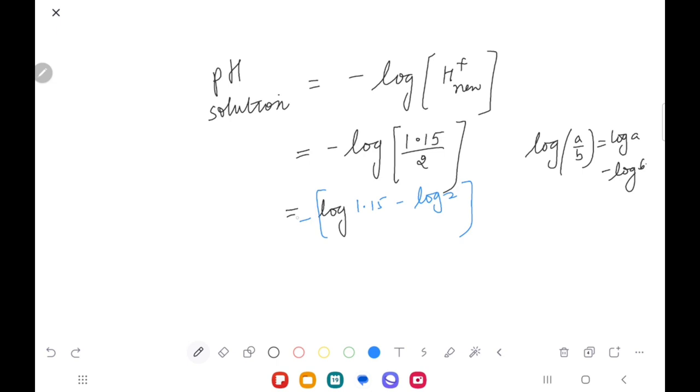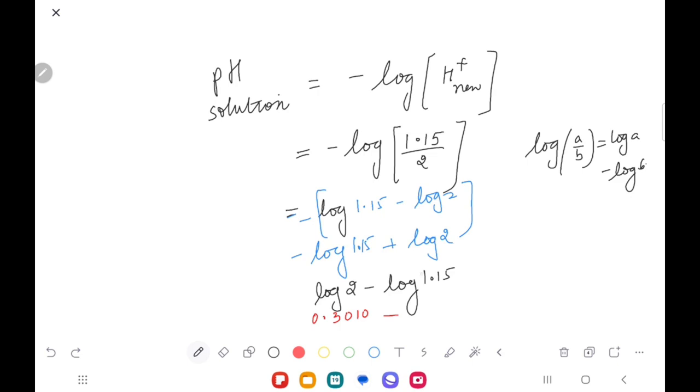If you bring this minus inside, it becomes minus log of 1.15 plus log 2. So log 2 minus log of 1.15, and simply solve this. Log 2 we know as 0.3010 minus log 1.15.